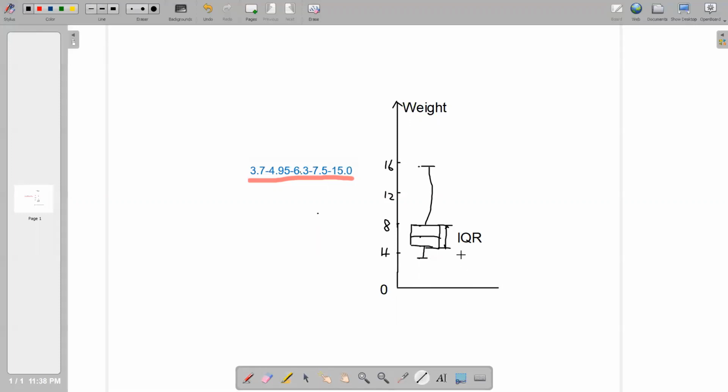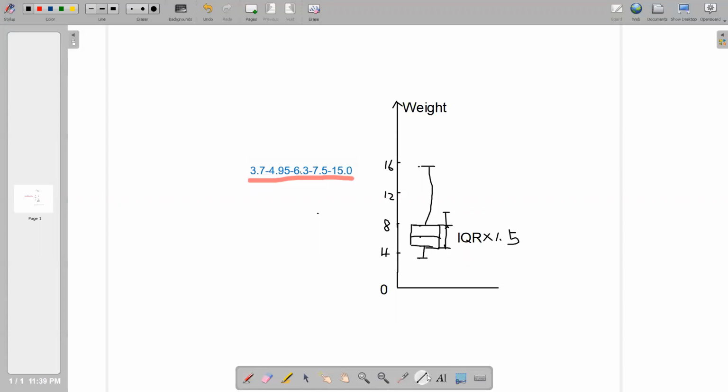So here's the deal. We're going to use IQR as a gauge to measure, but IQR is not long enough. We're going to make it 50% longer, so we multiply it by 1.5. That's called 1.5 IQR.